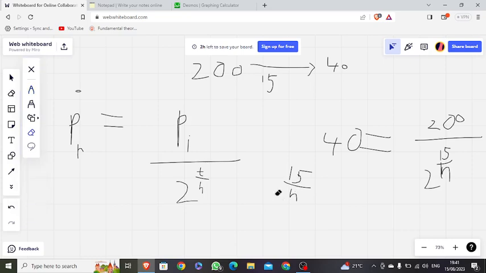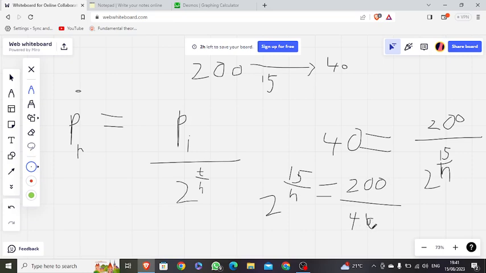Alright, so equals 200 over 40, and let's just simplify on screen.